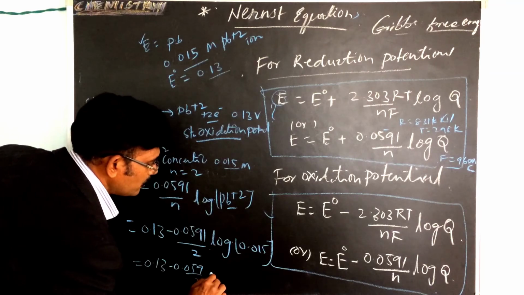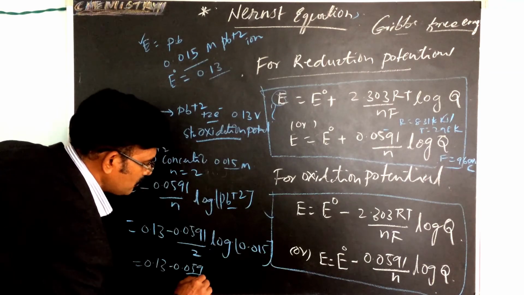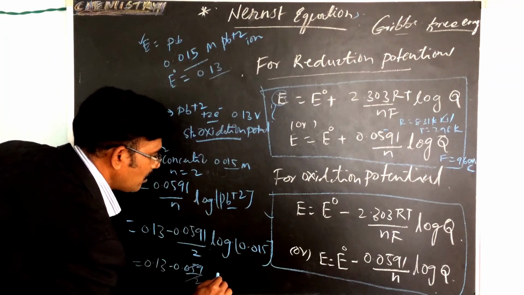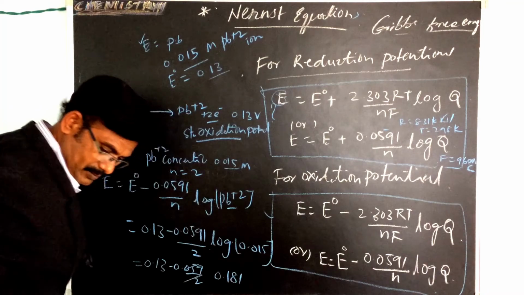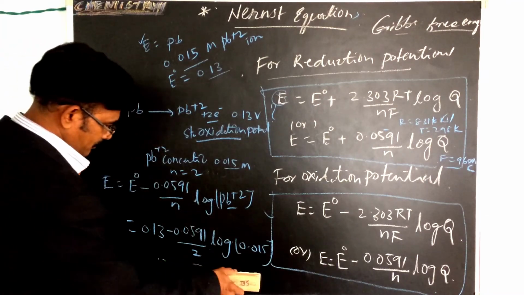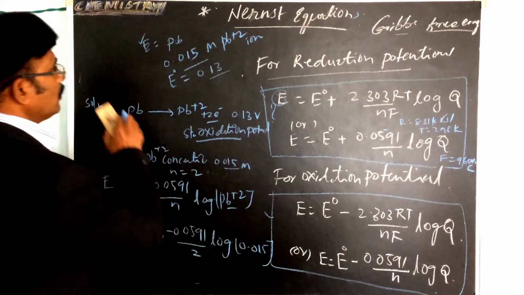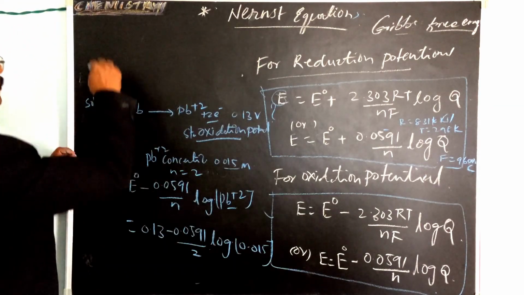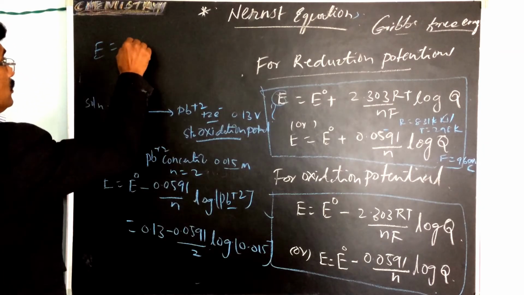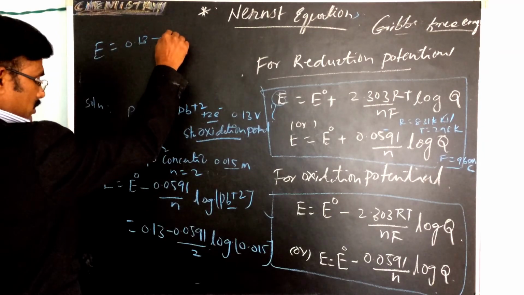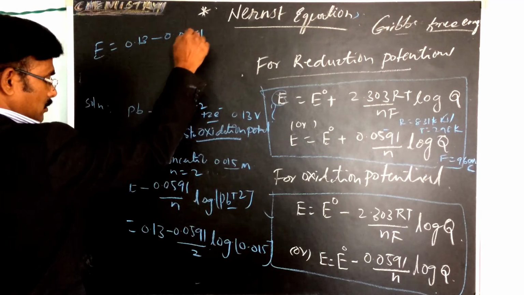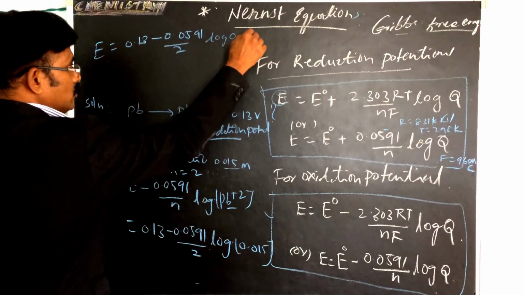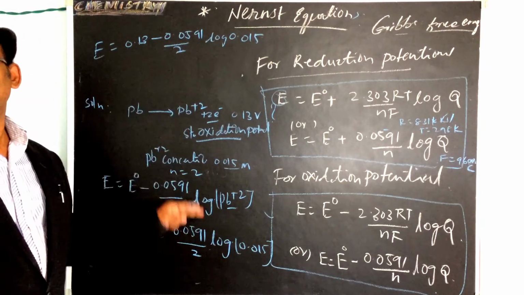So E is equal to 0.13 minus 0.0591 by 2 times log 0.015. This is the equation.